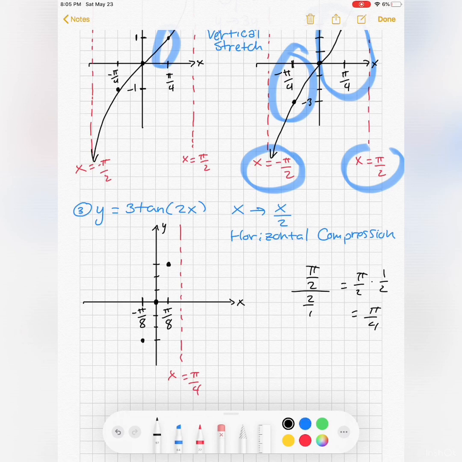Half of a half is a fourth. So here's my horizontally compressed tangent graph.